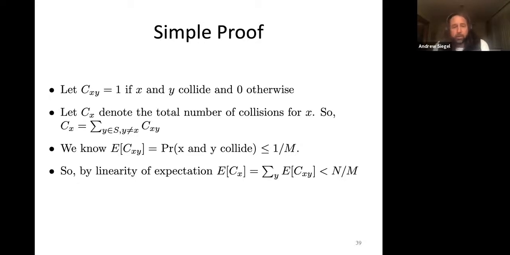Okay, and so if you then sum them up, you find that the expected value of C of x just has to be less than n over m.